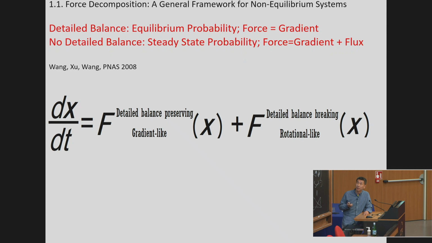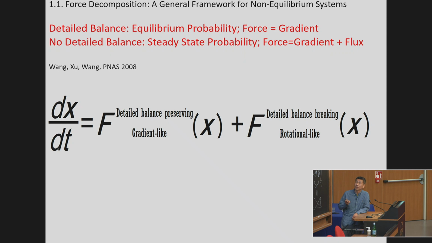So this is still the dynamics. What we have found is that although in this kind of open non-equilibrium system you can't write down the driving force as a pure gradient, you can write it as a gradient-like force plus something else. And this something else is very important. First of all, it is not arbitrary.